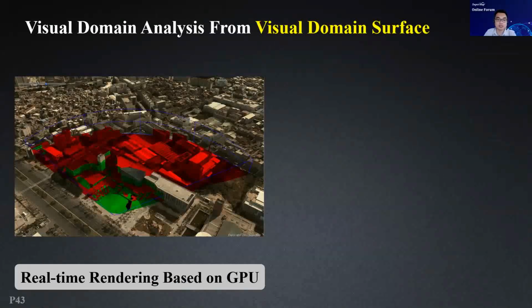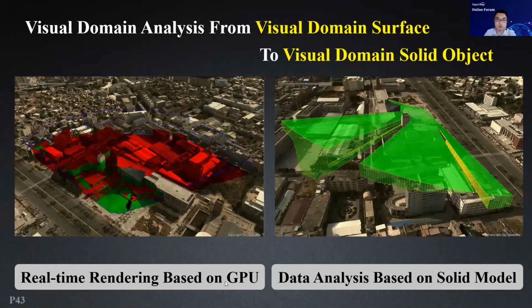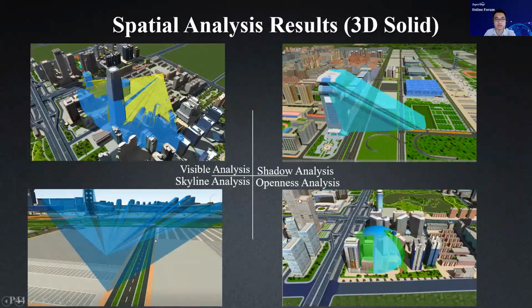And this is an example to show the visual domain analysis. In the new version, we can also support the 3D solid to save the result. And for more functions like shadow analysis or openness analysis, this kind of analysis can be used in urban planning.